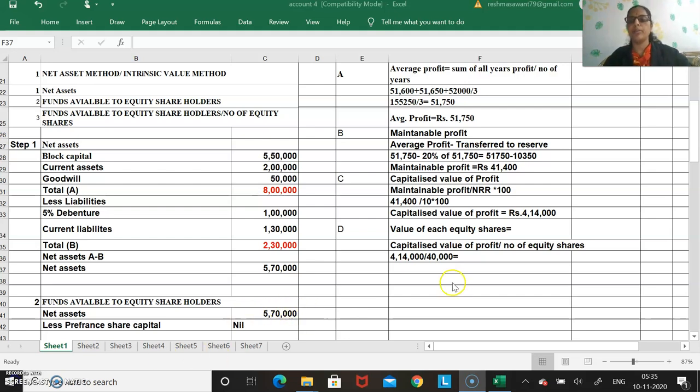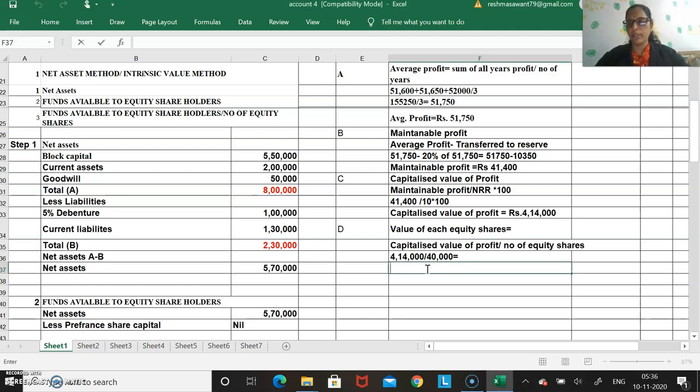So the value of each equity share according to yield basis: first calculate average profit, then calculate maintainable profit, average profit minus transfer to reserve if any. Then calculate point number C, capitalized value of profit, with the help of maintainable profit divided by NRR multiplied by 100. Then value of each equity share according to yield basis: capitalized value of profit divided by number of equity shares, 4,14,000 divided by 40,000 shares.